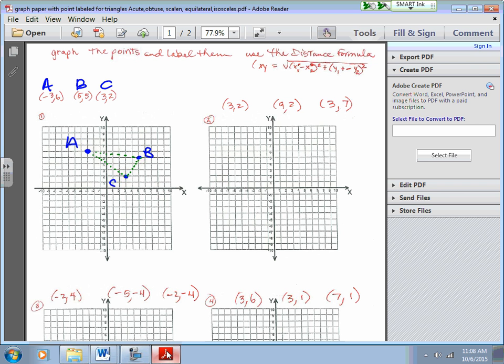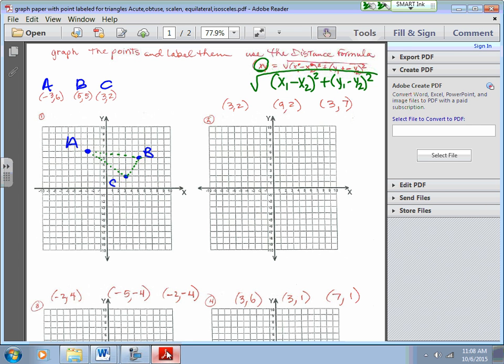Now, you're supposed to figure out the side lengths of that triangle from the graph paper. Do you notice that none of the sides are on a vertical or horizontal line? So what that means is you can do two things. You can use this formula which says the distance between any two points is x1 minus x2 squared plus y1 minus y2 squared, and then you do the square root of all that.